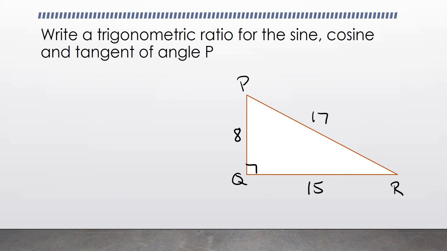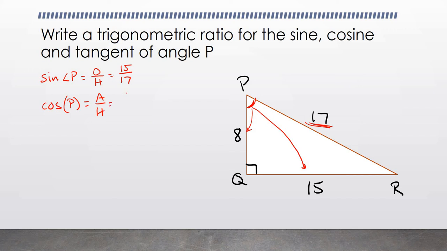Okay, so how are we going to use this? We're going to write a trigonometric ratio for the sine, cosine, and tangent of angle P. So the sine of angle P is its opposite over its hypotenuse. Opposite to P is 15. The hypotenuse is 17. So the sine of angle P is 15 over 17. The cosine of P, I'm going to write it this way now. The cosine is the adjacent over the hypotenuse.